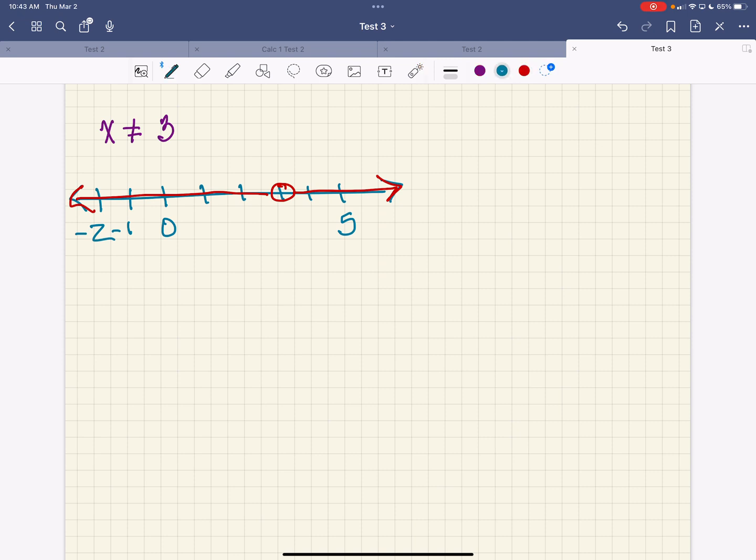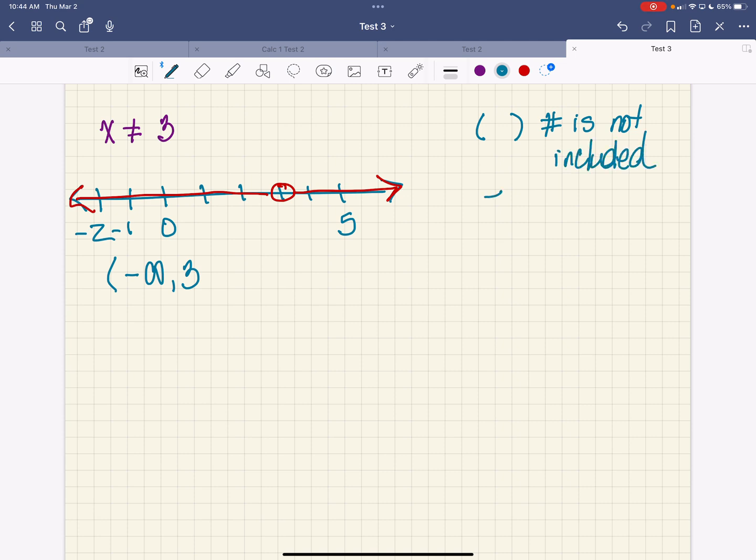So think about how we would write this using interval notation. I would have a parenthesis, and then I would have the number negative infinity. Then I go all the way to this number right here. What's this number? 3. Okay. Now, does a parenthesis mean that the number is included or not included? Not included. So the parenthesis means the number is not included.